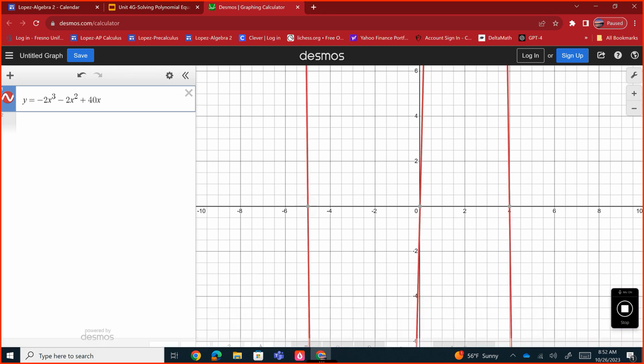Look, this is the solution. That's where it crosses the x-axis.